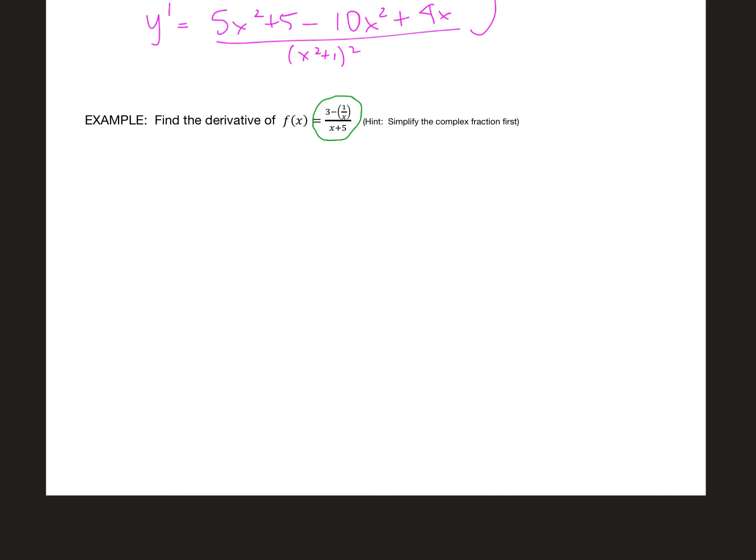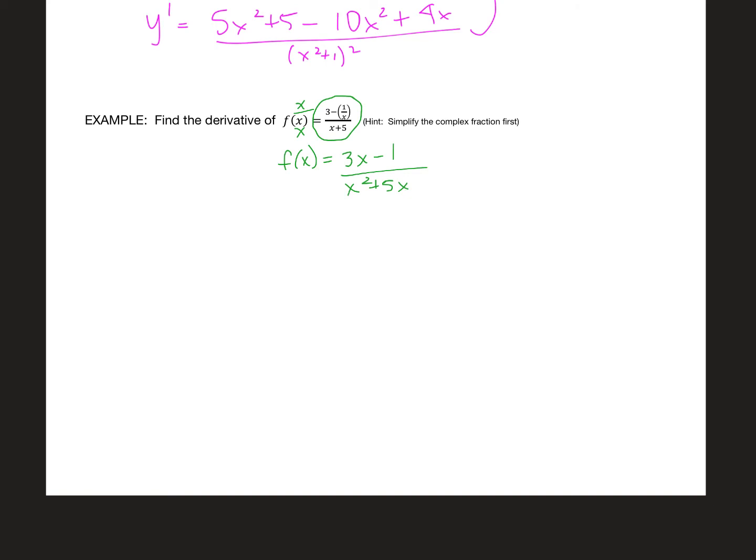So I'm going to multiply the top and the bottom of this fraction by x over x, making it equivalent but a little easier to deal with. So f of x, when I multiply through by x top and bottom, becomes 3x minus 1 over x squared plus 5x, which is a lot easier to deal with.